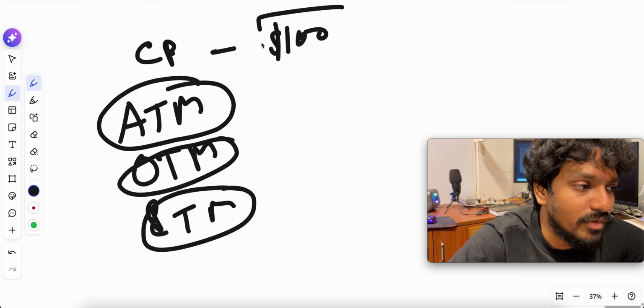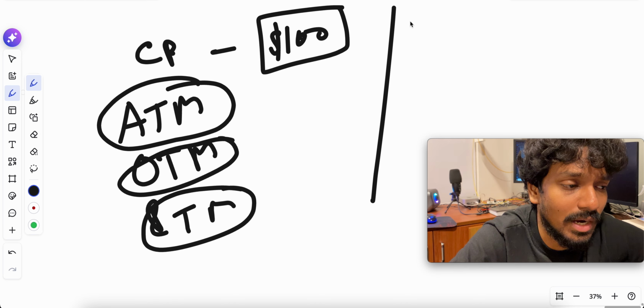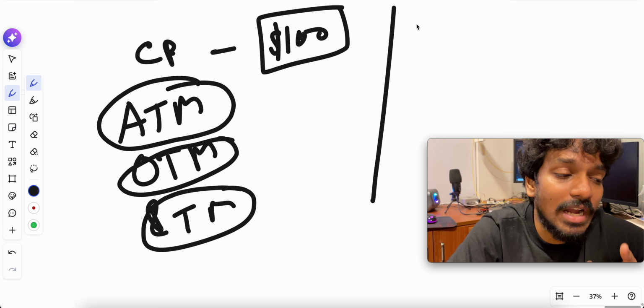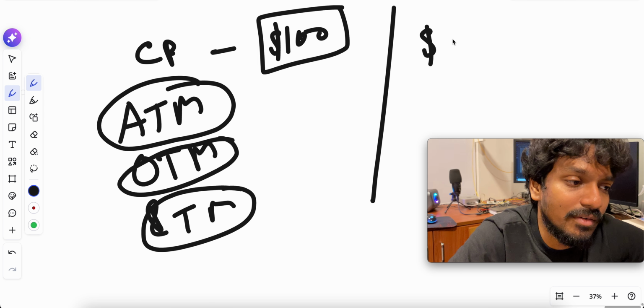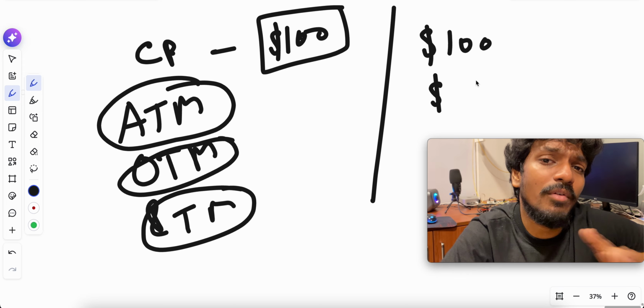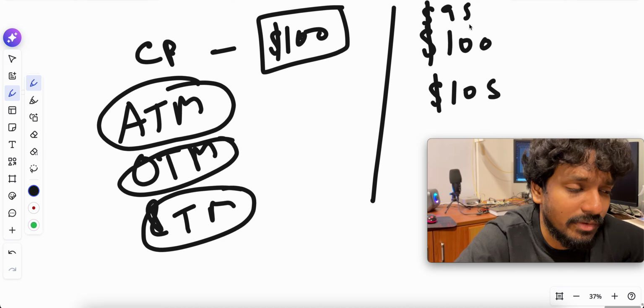So for example, if you have $100 and the strike price is nothing but they will have a contract based on $5 different or $10 different or $20. For example, it will start from the current price of $100 and have a gap of $5. So 105, 95.